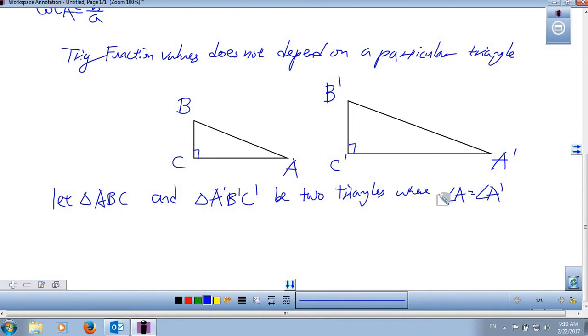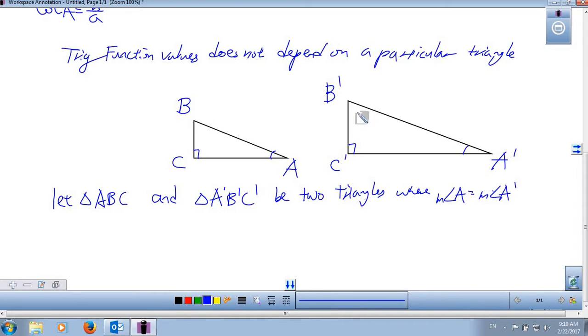So the measurement of angle A and the measurement of angle A prime are the same. I just need to tell you that angle A is equal to A prime. If angle A is equal to A prime, C is definitely equal to C prime, so B has to be equal to B prime.